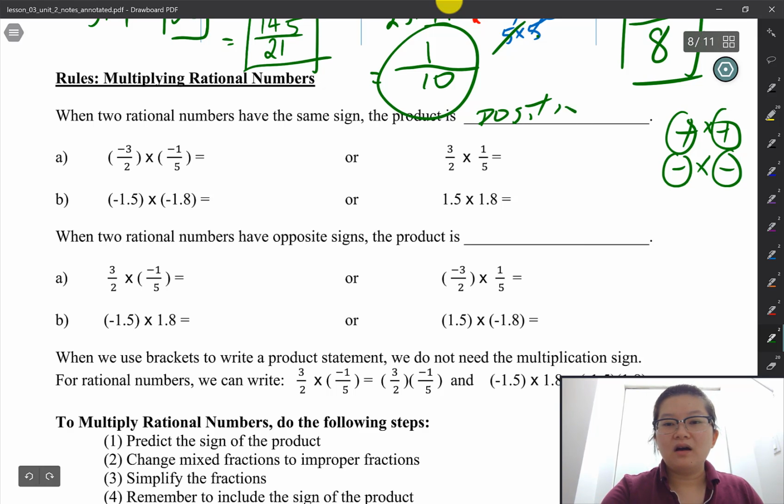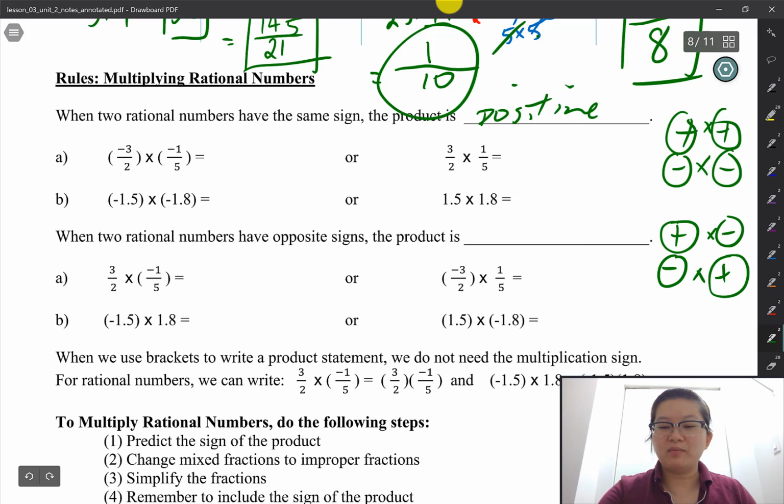On the other hand, if they have opposite signs, like positive times a negative or a negative times a positive, remember the order doesn't matter in multiplication, then your final product is going to be negative.